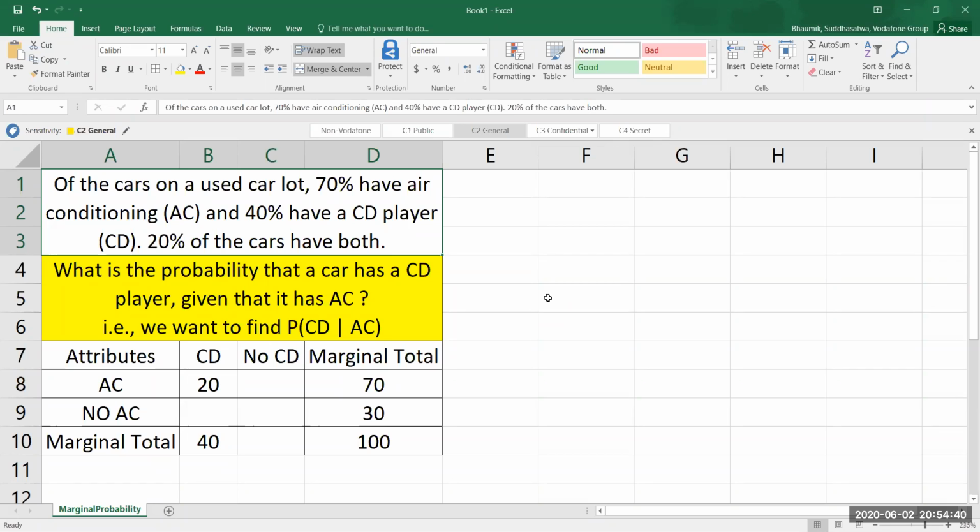I drew a card, I did not put it back, and keeping that as a condition, I want to draw another card and see if it is still a spade. That is the reason why we did 12 by 51 rather than 13 by 52. Had I put back the card, it would be 13 by 52 probability for event A as well as 13 by 52 probability for event B, right?